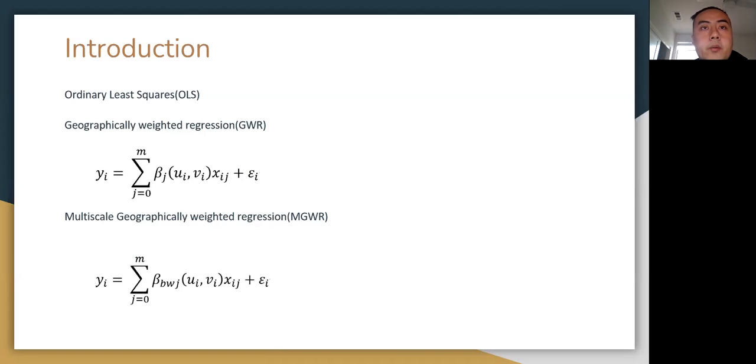Here, it uses the bandwidth instead of beta j, which indicates how different relationships operate across different spatial scales, including global, local, and regional relationships, so bandwidth is the key to controlling the operational scale in MGWR.